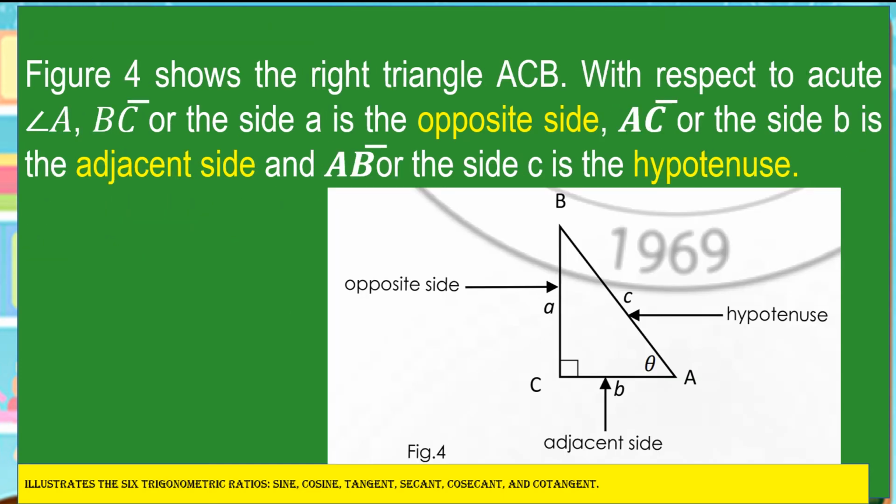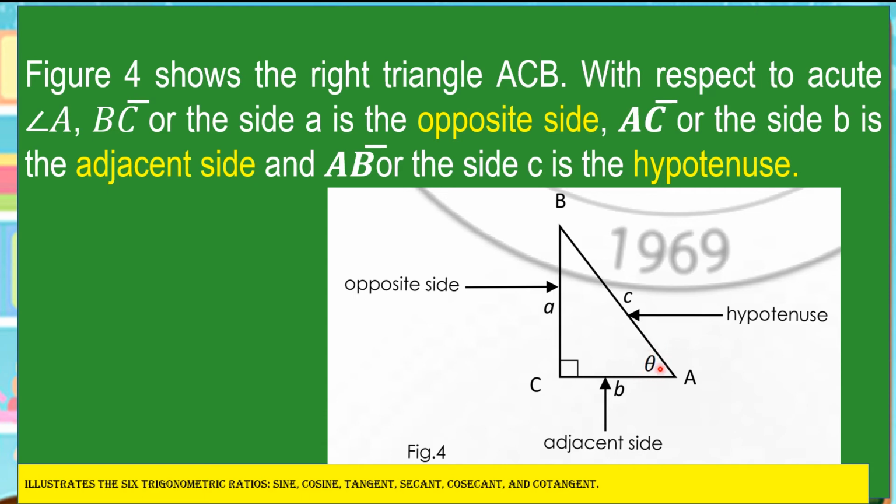Okay, figure 4 shows the right triangle ACB. ACB is a right triangle because of the markings of the right angle, with respect to the acute angle A. So this is the angle theta.